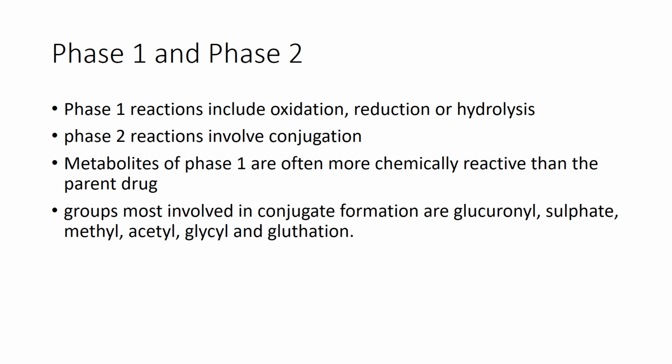The groups most involved in conjugate formation are glucuronyl, sulfate, methyl, acetyl, glycyl, and glutathione. Phase 2 results in inactive compounds, and these two phases decrease lipid solubility, which results in increased renal elimination.